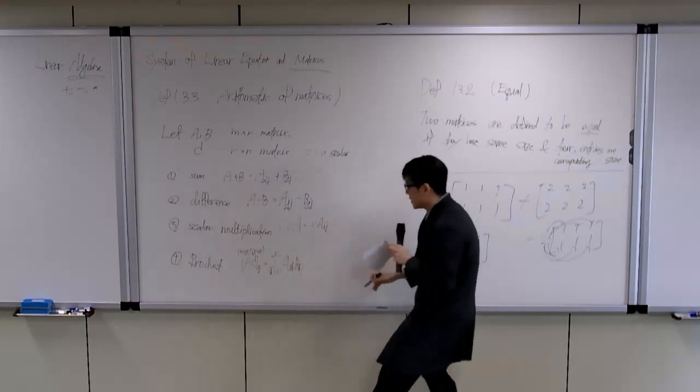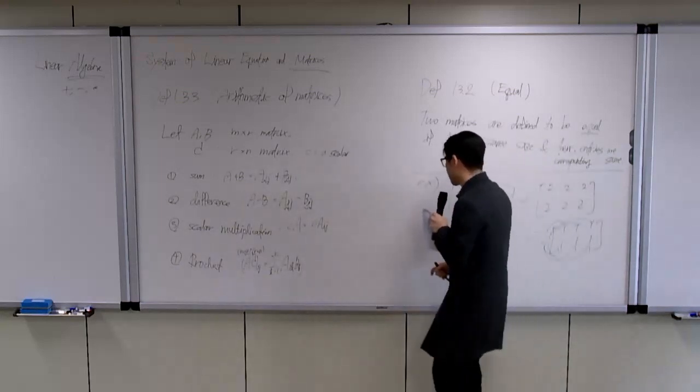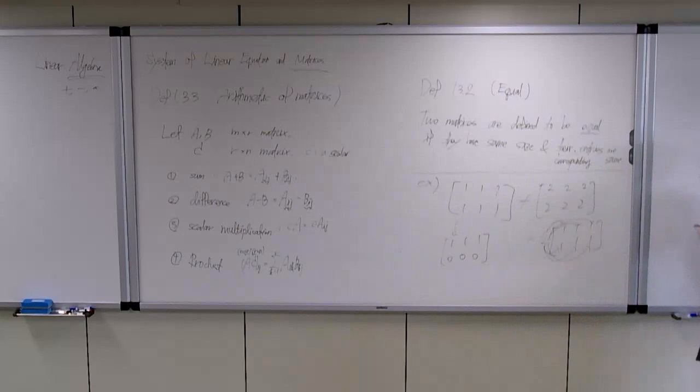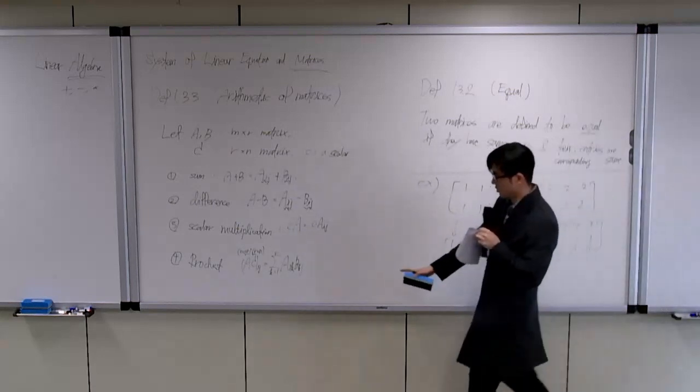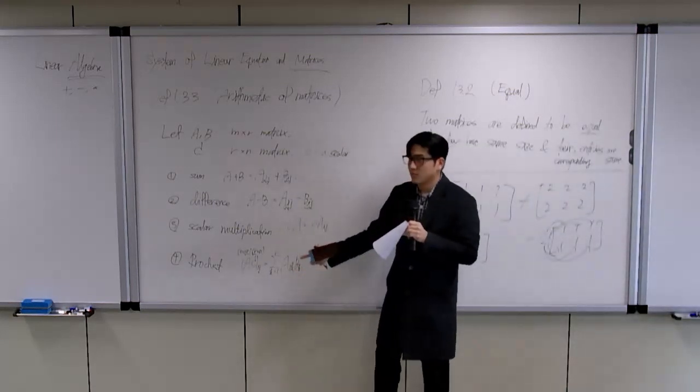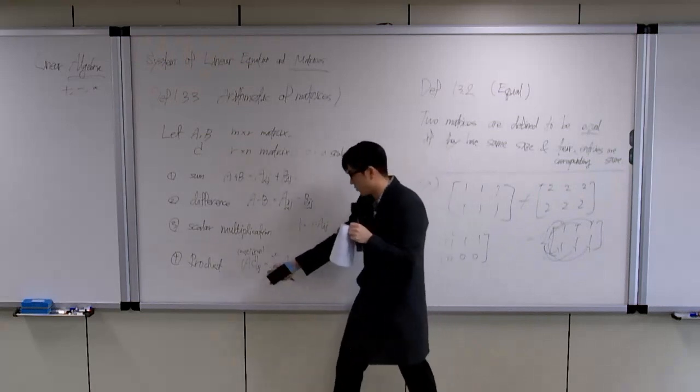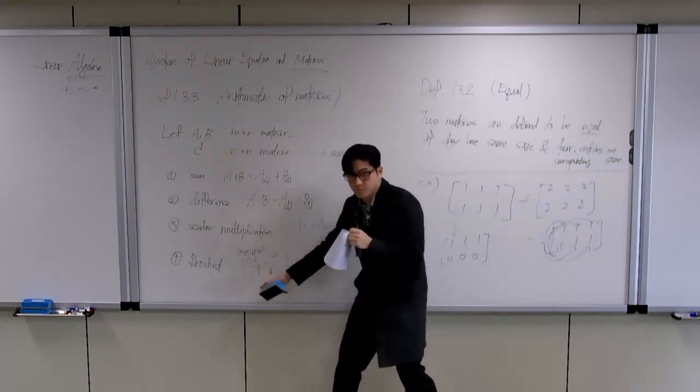bkj. And sometimes some people might ask why we need to multiply row by column.